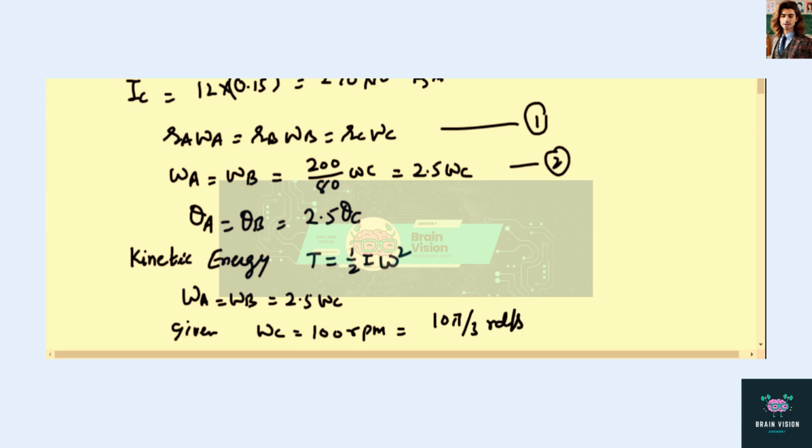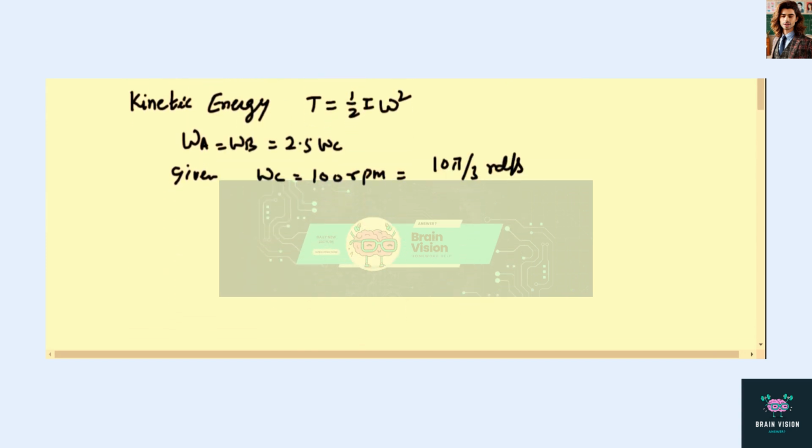So for A and B, omega 1A is equal to omega 1B is equal to 2.5 times omega 1C, that is 25 pi upon 3 radian per second.